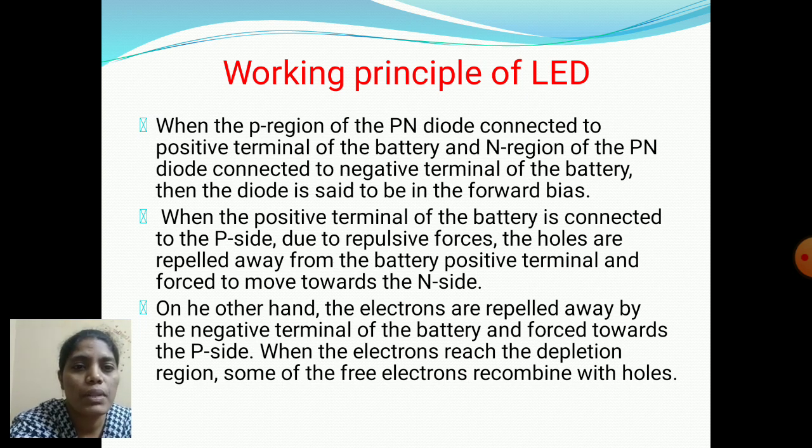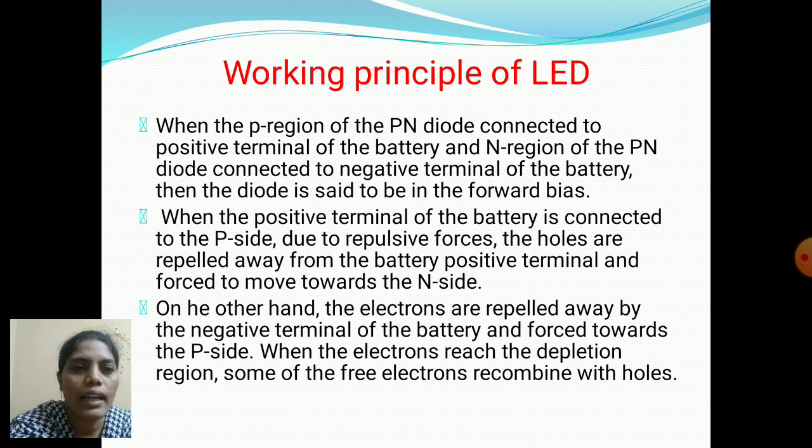Due to this repulsive force, the holes are repelled away from the battery positive terminal and forced to move towards the N side.